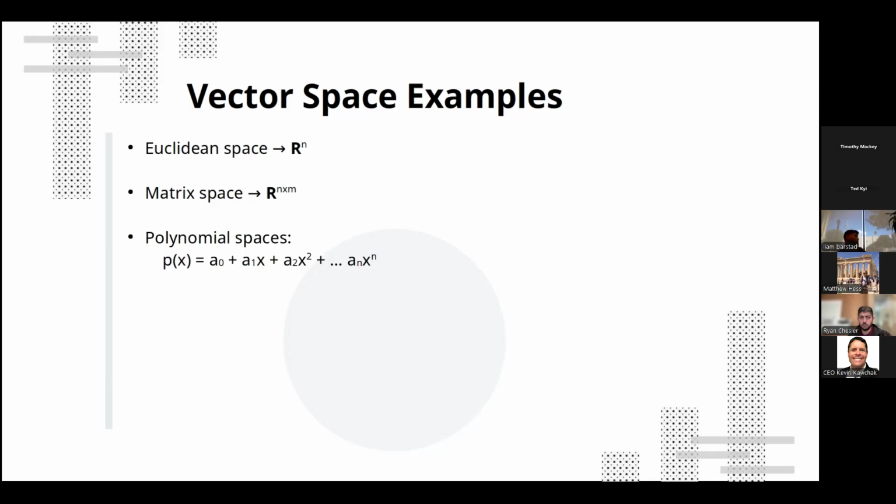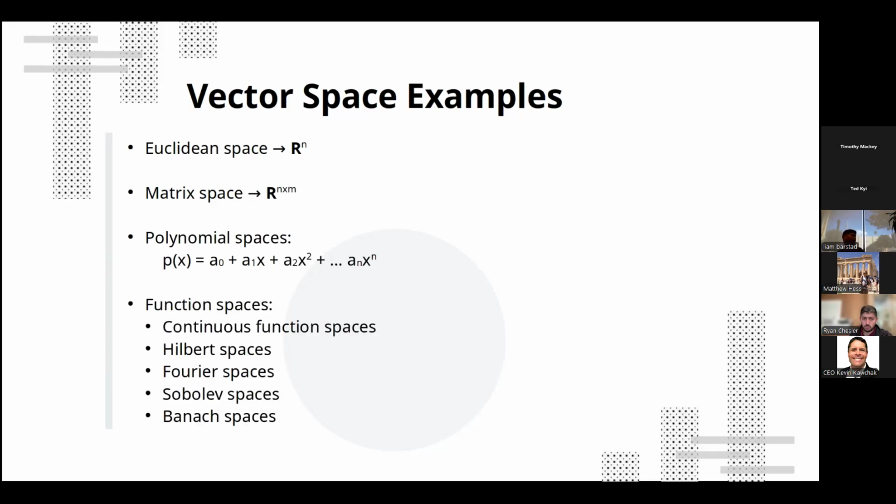And then we have polynomial spaces, which also add in the property of exponentiating each term. So that is also a vector space. And then a bunch of function spaces, which we're not going to talk about yet, but stuff like continuous functions, similar to polynomial spaces, Hilbert, Fourier, Sobolev, Banach, which we're not going to get into at the moment, but just keep in mind, those are also vector spaces.